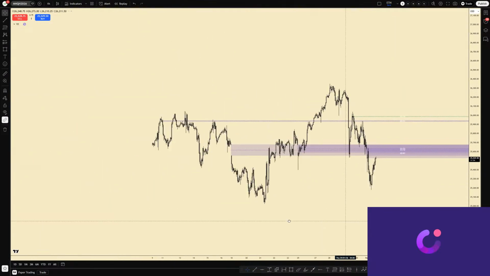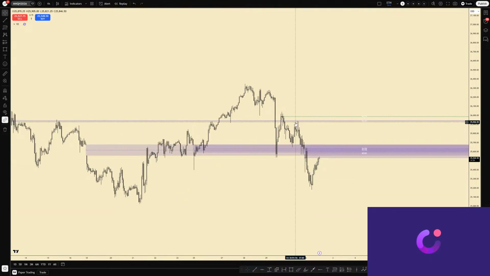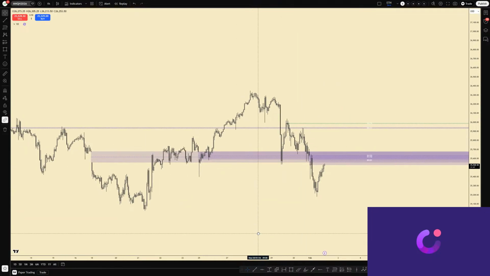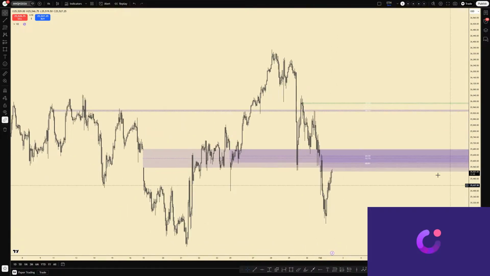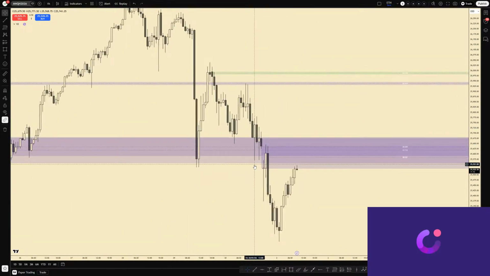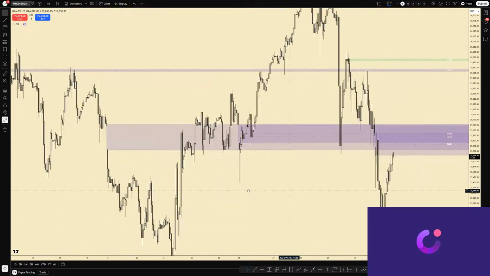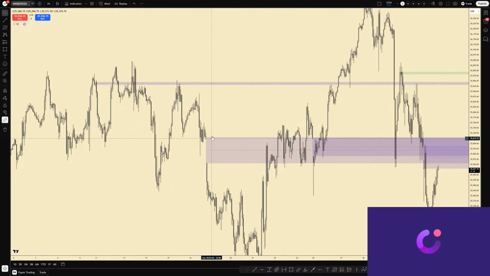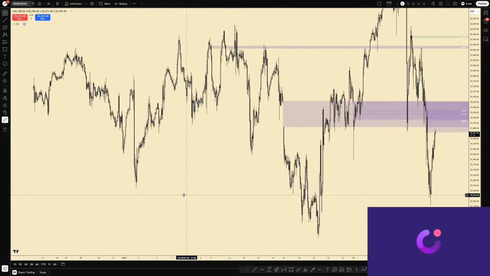First of all, I draw these levels. This is the daily opening gap of Friday. This is our current weekly opening gap. This is last week and the week before and then the week before.